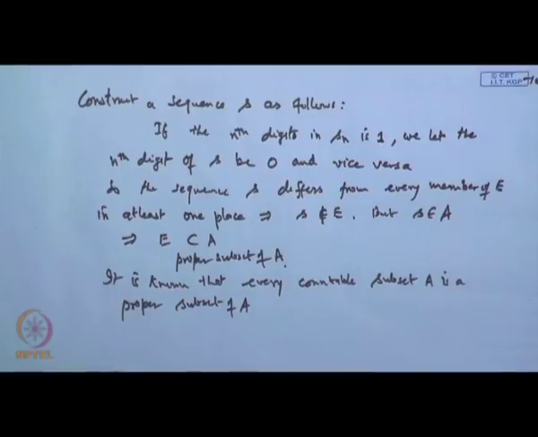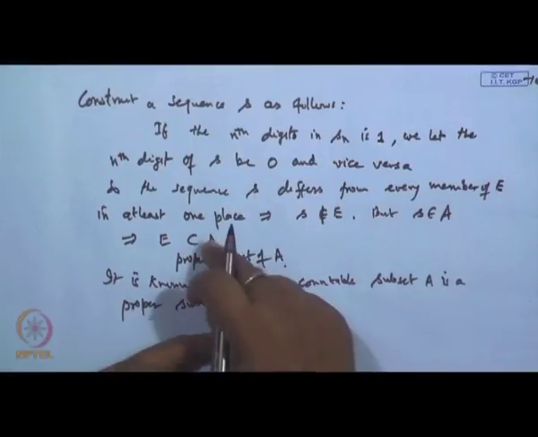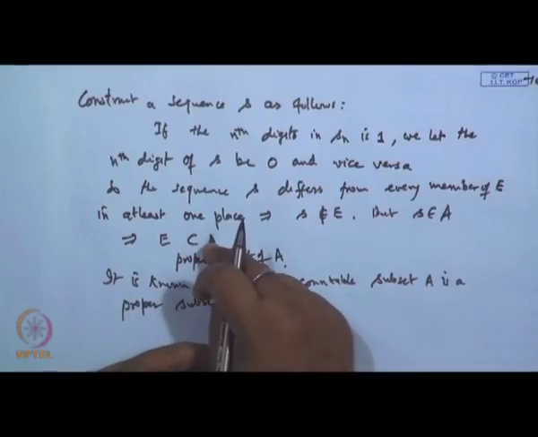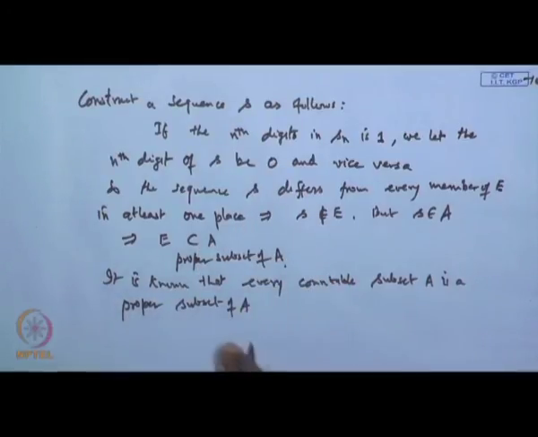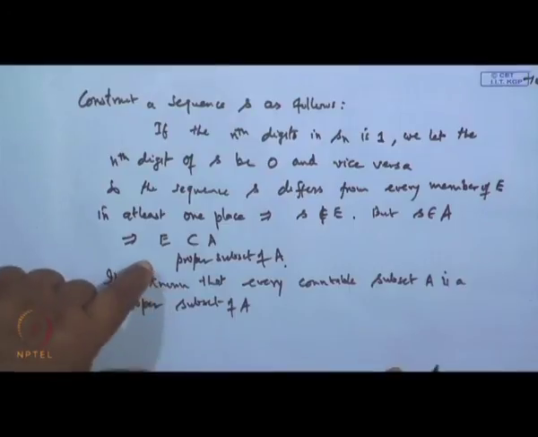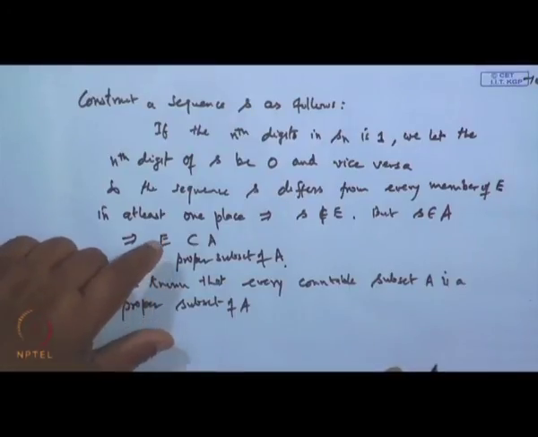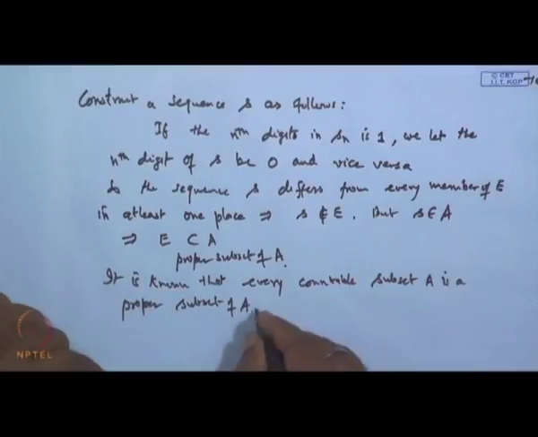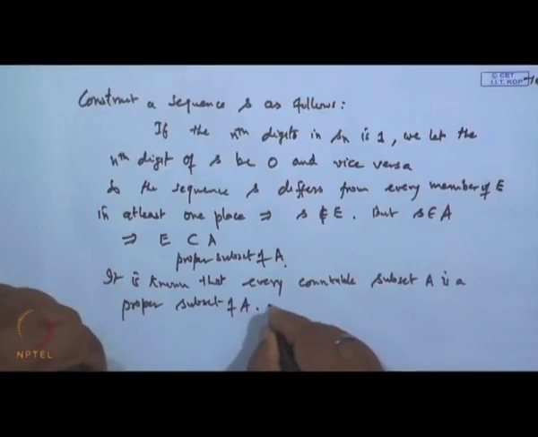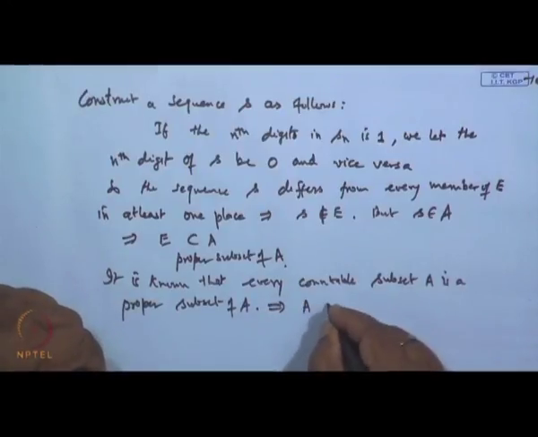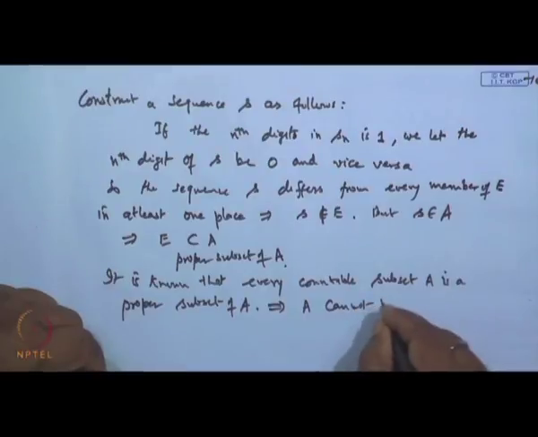So A cannot be countable, because as soon as A is countable, then the subset which you are getting must be proper. So this implies that A cannot be countable.